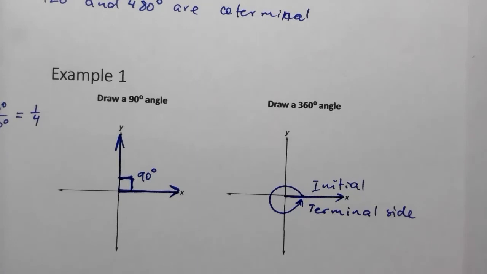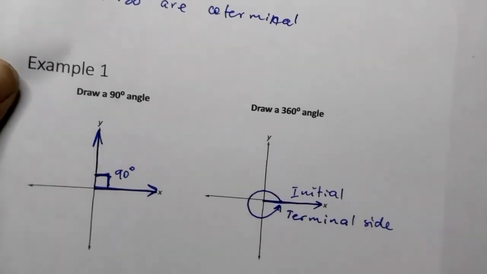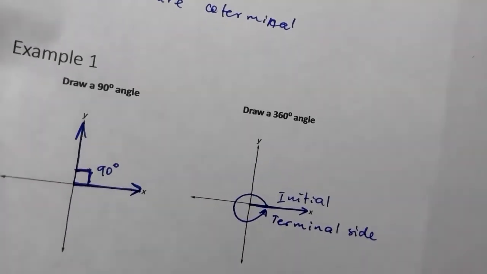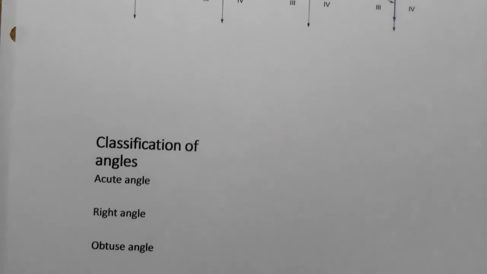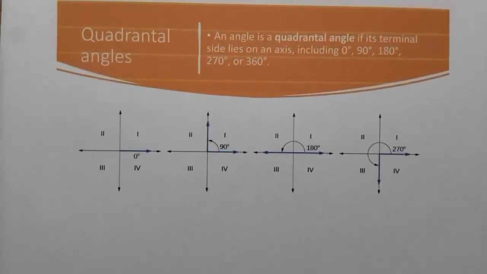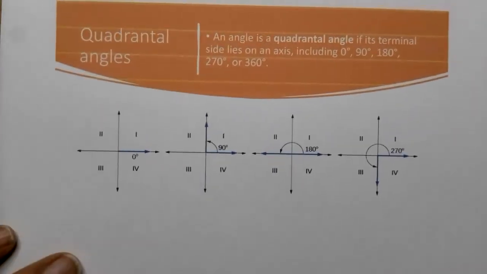And since we define an angle in standard position by its terminal side, we have a special type of angle whose terminal side lies on the axis, and we call them quadrantal angles. So here they are, quadrantal angles.